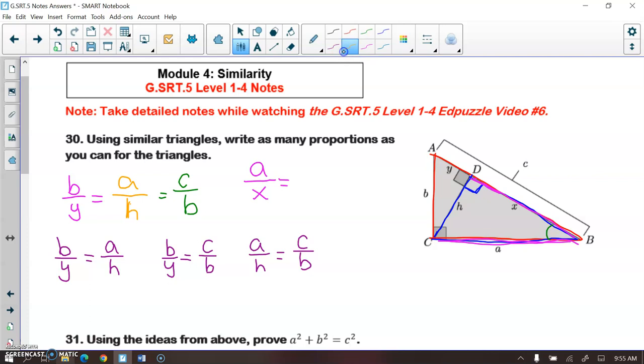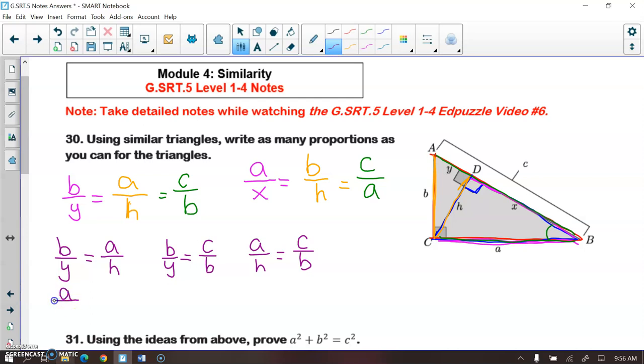That would equal the side in between my right angle and the angle that doesn't have an arc on it. On my big triangle is B. On my blue triangle it's H. And then the side across from my right angle on my big triangle is C, all over the side across from my right angle on my blue triangle is A. So out of these 3 ratios, I can actually write 3 different proportions.